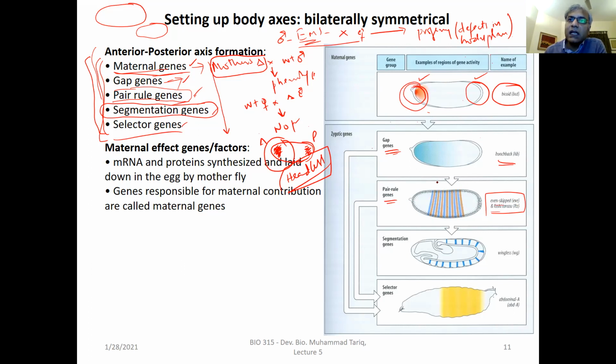By this stage, when you have protein products of bicoid, gap genes, and pair rule genes, the beauty in development is that you are one single cytoplasm with many nuclei, and all these nuclei are sharing the protein products of maternal genes, of gap genes, and early stage pair rule genes.